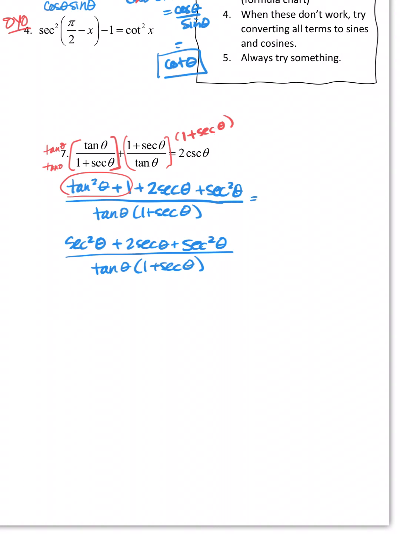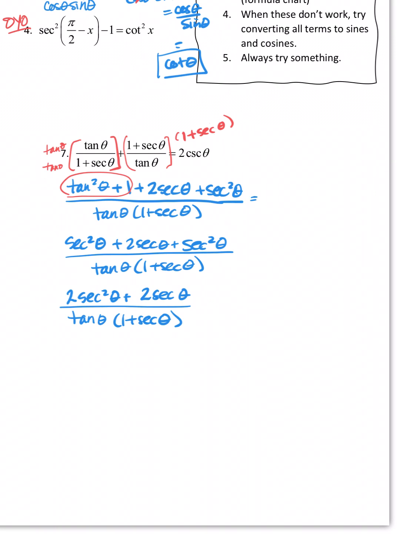Okay, so I've got 2 secant squareds, don't I? So I can combine those. 2 secant squared theta plus 2 secant theta. Denominator has not changed. But now, hopefully, you see that we can do some factoring, can't we?